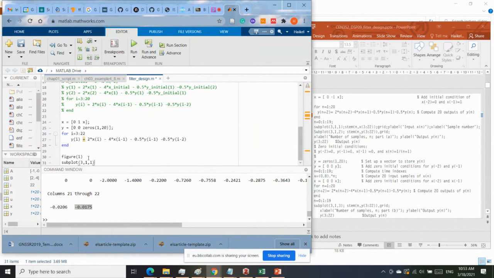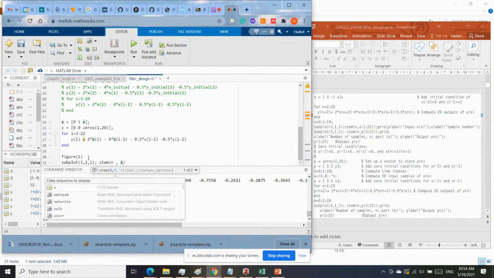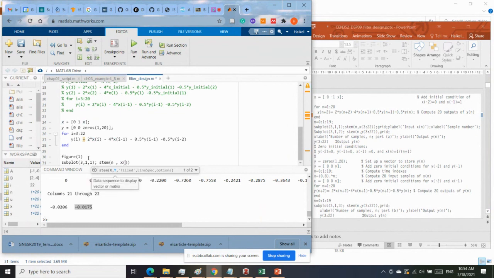In the first subplot, I'm going to use the stem function to plot the x signal from 3 to 22, not including the initial conditions x minus 2 and x minus 1.